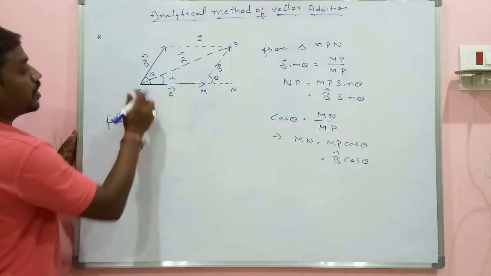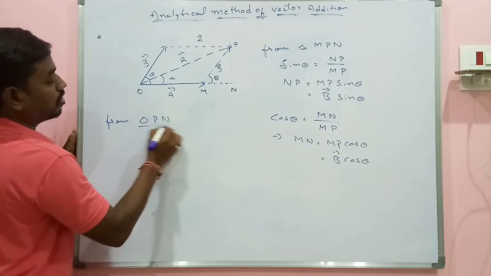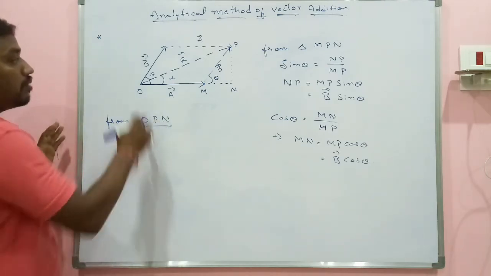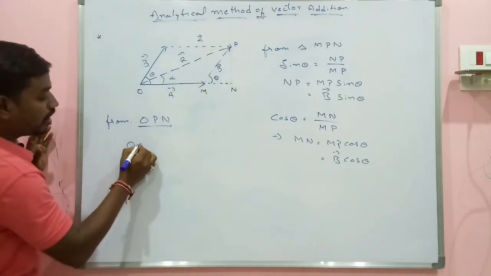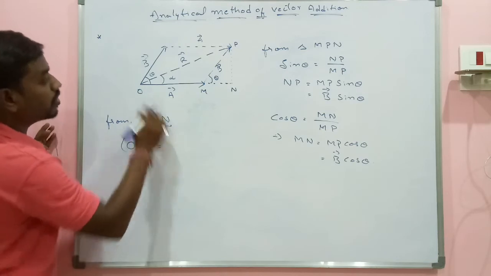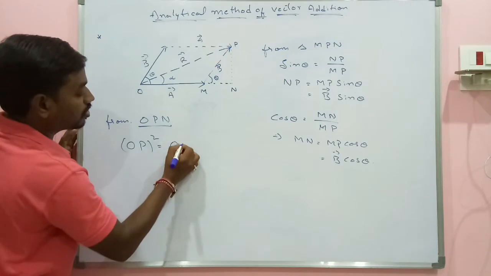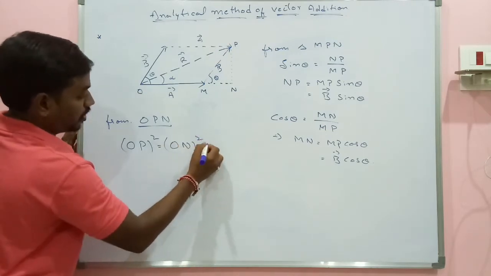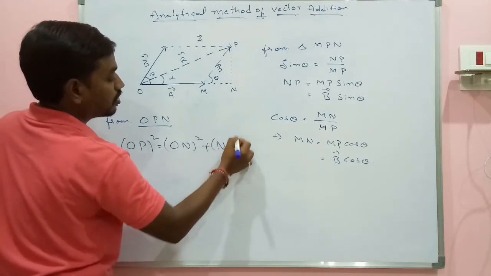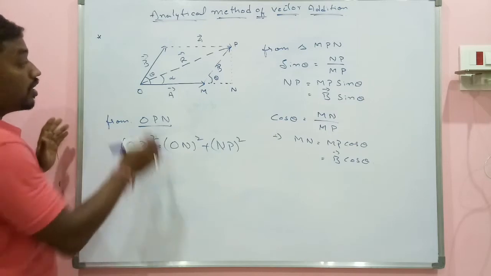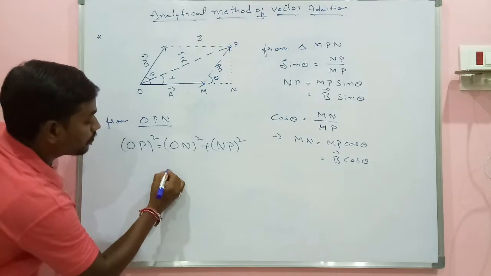From the right angle triangle OPN, I can write hypotenuse square, OP square, is equal to ON square plus NP square. ON can be written as OM plus MN.